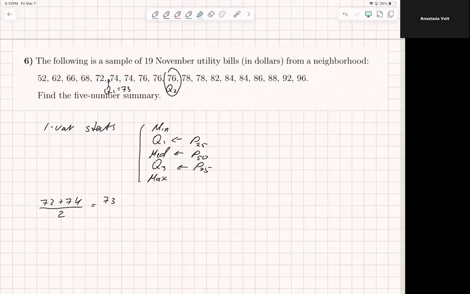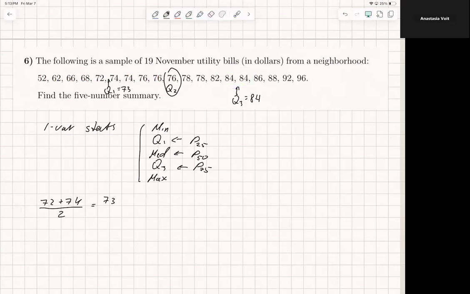And again, the same thing goes for the second portion. We have, again, 84 and 84, right? As you can see, both values are the same, so the Q3 would be in between them, which is also 84, since the mean of these two values would be the same value.